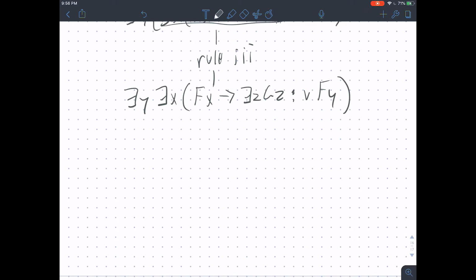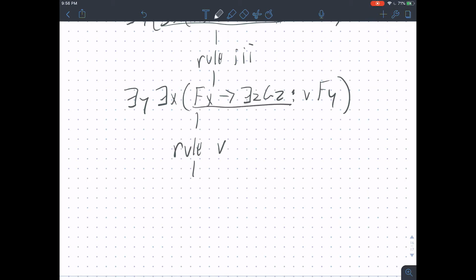Okay, so we need to start pulling that existential quantifier that binds z out. So if we use rule 5, and again here we're just looking at this.